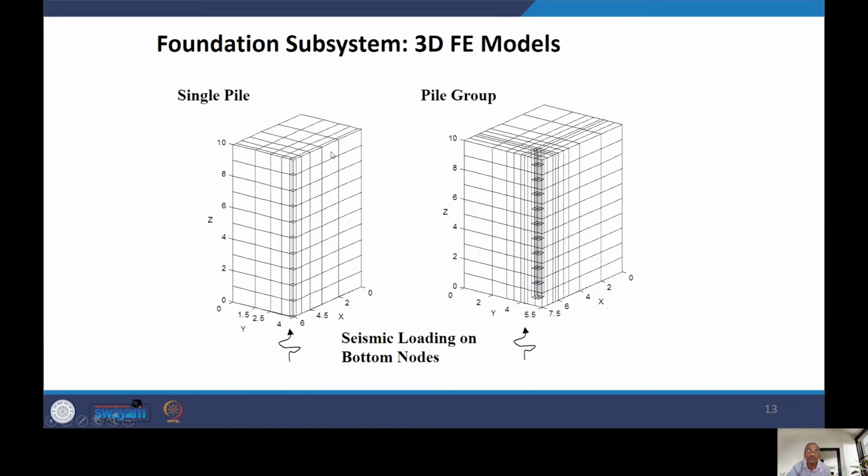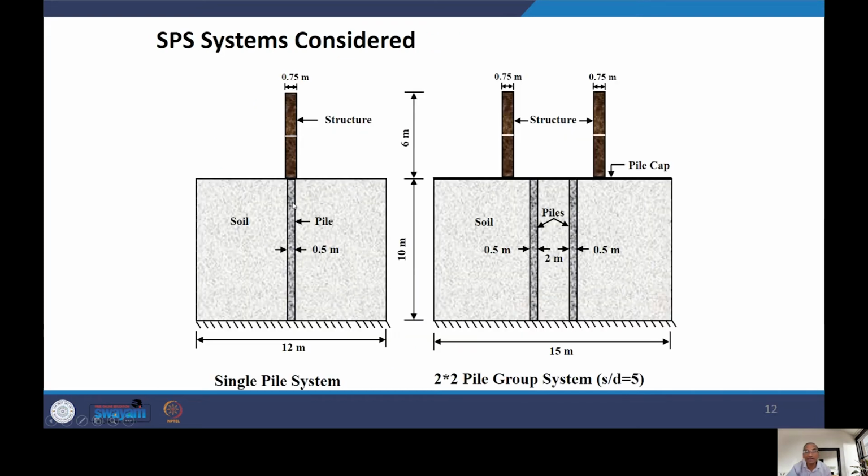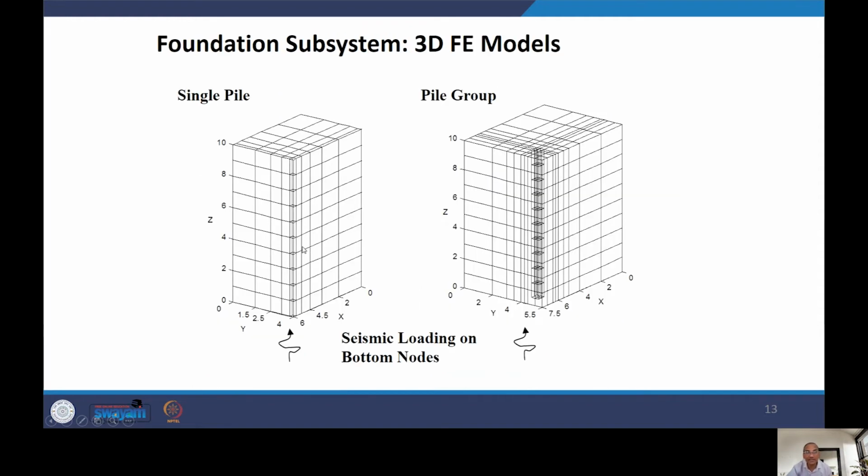So this has been shown here, and here what has been done is that the advantage of symmetry and anti-symmetry is taken. And once you have the advantage of symmetry and anti-symmetry, then the whole of your model is converted into a quarter model, not even a half model. So you can analyze using a quarter model only for the linear case.